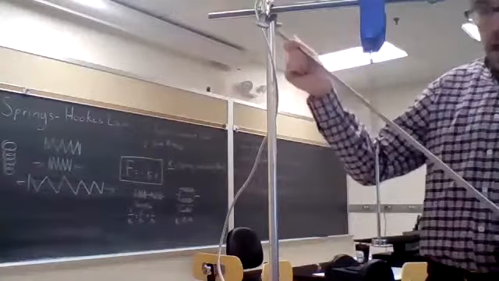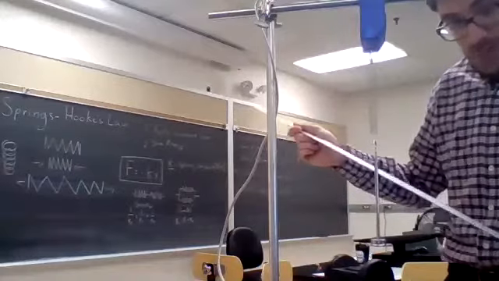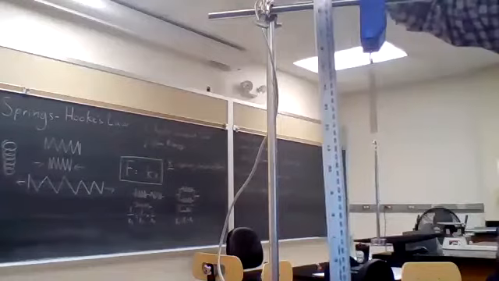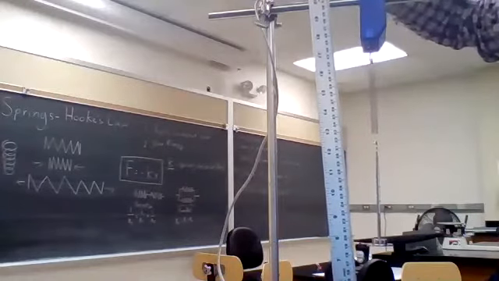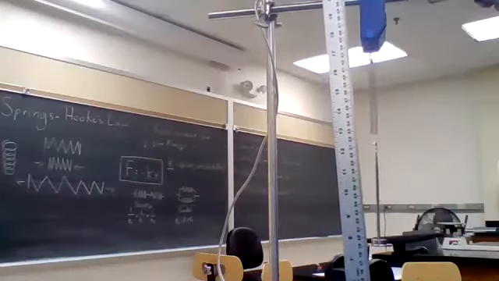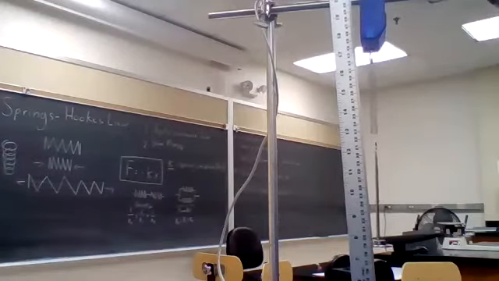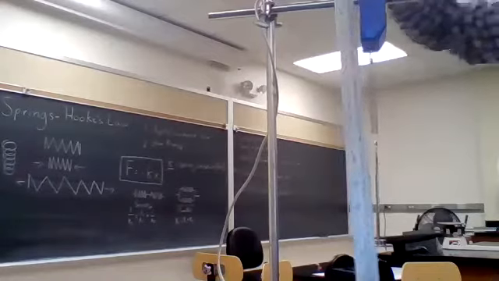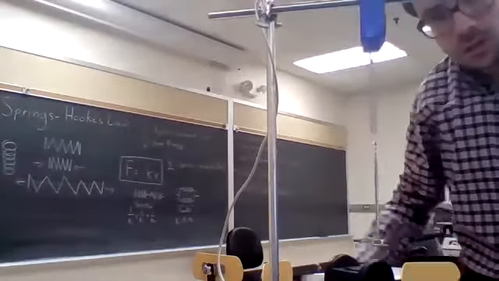And we'll see how far the bottom of the mass holder is now from the table. That has given us a distance of, I'm going to call that, 18.9 centimeters.